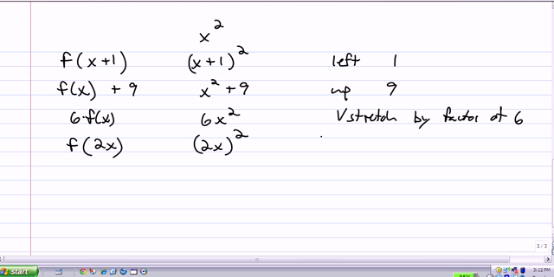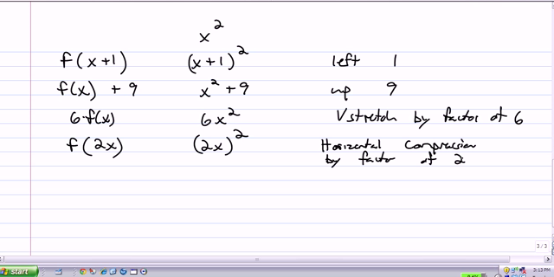Now that wasn't a horizontal stretch, that was a horizontal compression by a factor of 2. So all of the x's got divided by 2. Okay? So we're going to do all of that stuff to the sine function and the cosine function.